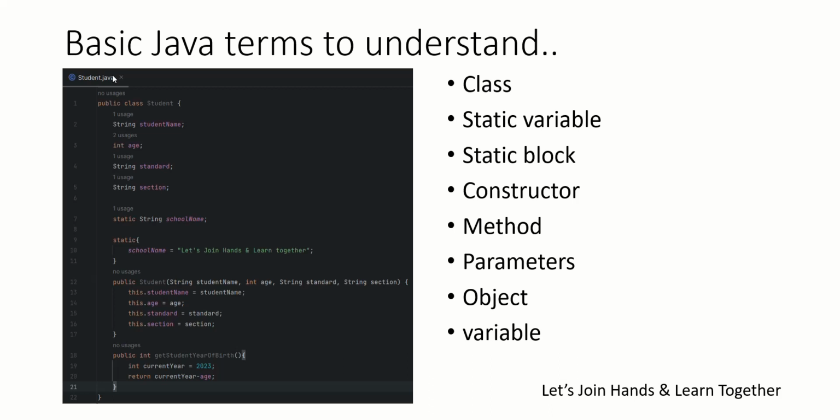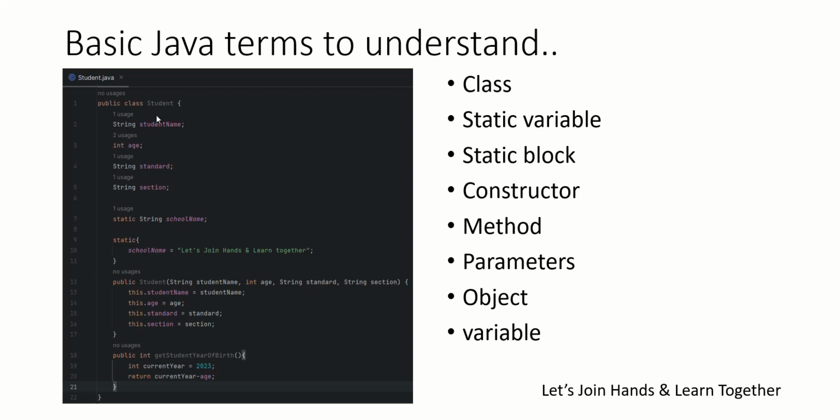That schema or blueprint we can call a class, and it is a kind of data structure, I would say. For this student, I want to store student name, age, standard, and section. This information I am going to store for each and every student. This structure which we are maintaining is called a class.